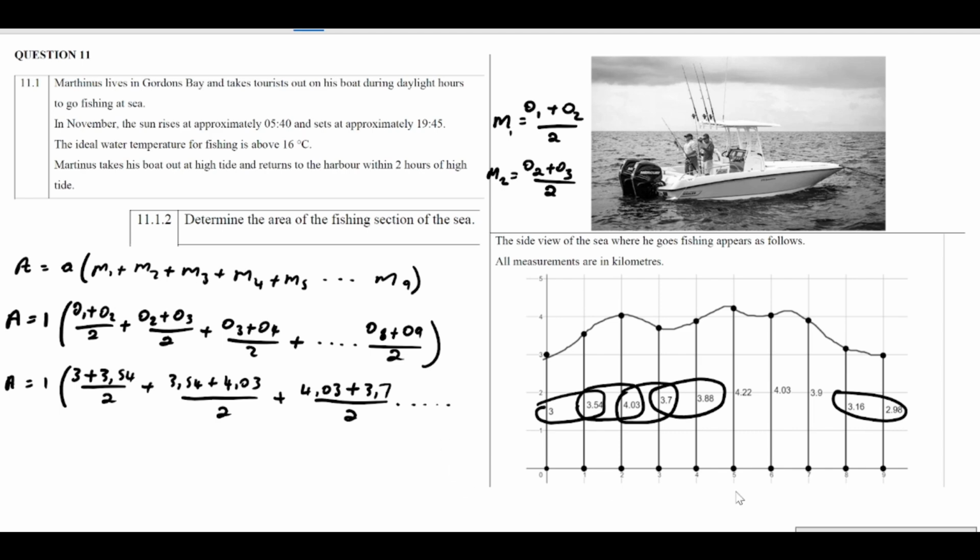You continue to do this up until the last one, which is 3,16 plus 2,98, and then you divide everything by 2. Then use your calculator, 1 multiplied by all of this, and you get 33,45 kilometers squared. So all of this is in kilometers.